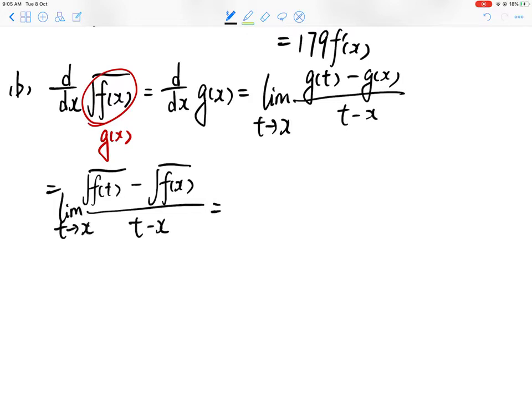Then how do we solve it? If we remove the square root here, this is the definition of f prime x. So how do we remove the square root? We can multiply by the conjugate of the top.